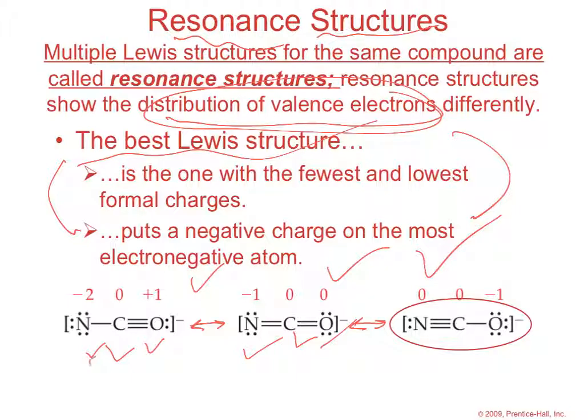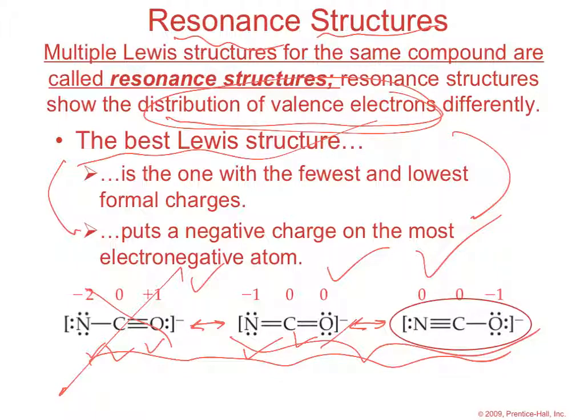So look at these three resonance structures for this compound. It turns out that the one on the left has more formal charges, a larger value, so we're going to eliminate it immediately. But how do we decide between the two on the right?